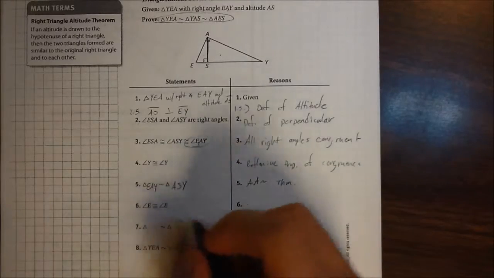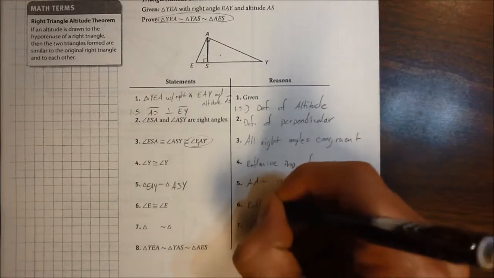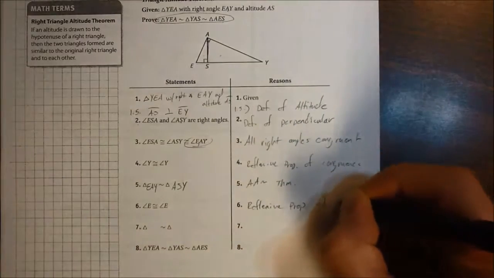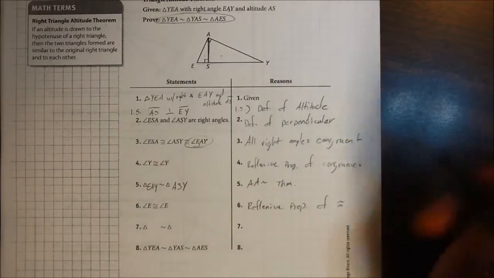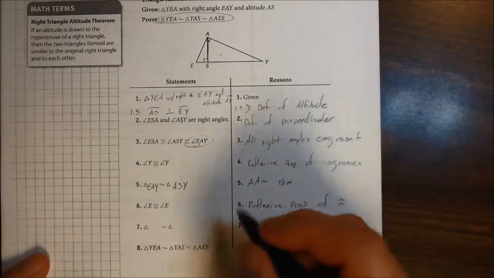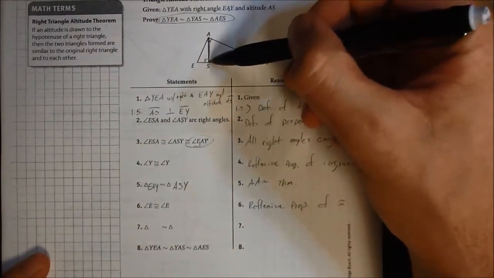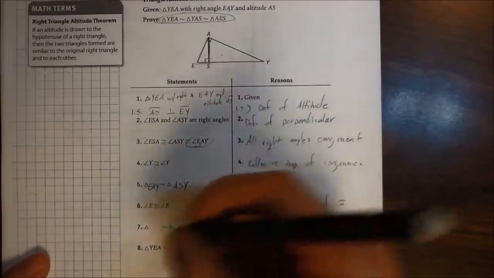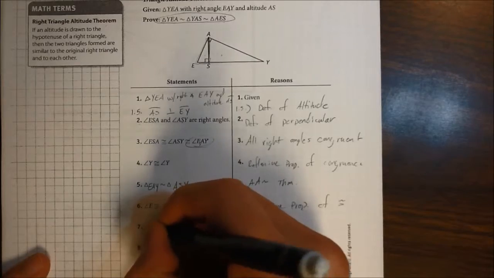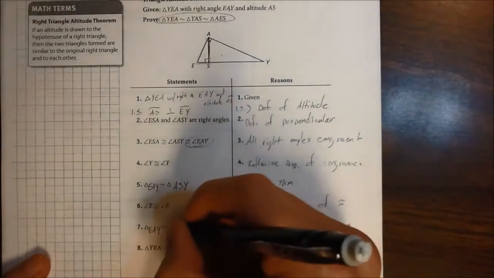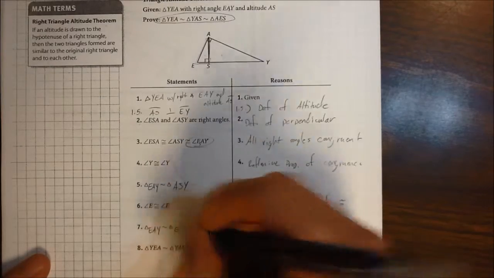From there, I know that angle E is congruent to itself because of the reflexive property of congruence. Now, using angle E and the three right angles, I can say that the small triangle and the large triangle are similar to each other. We've already called the large triangle EAY, so I'm going to do that again, and the small triangle is going to be called EAS.